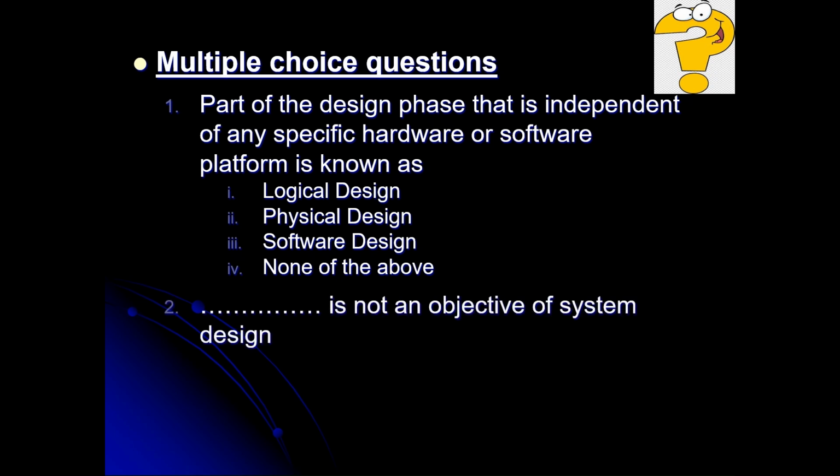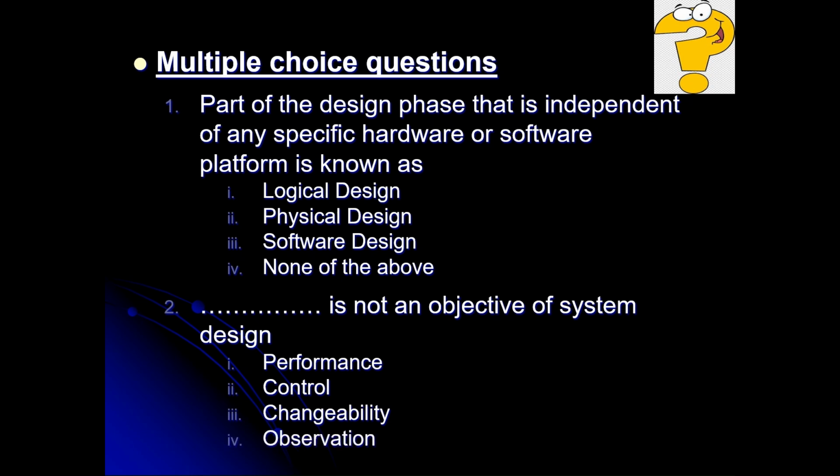It's known as the logical design. Which is not an objective of system design? Performance, control, changeability, observation. Observation is not an objective of system design.